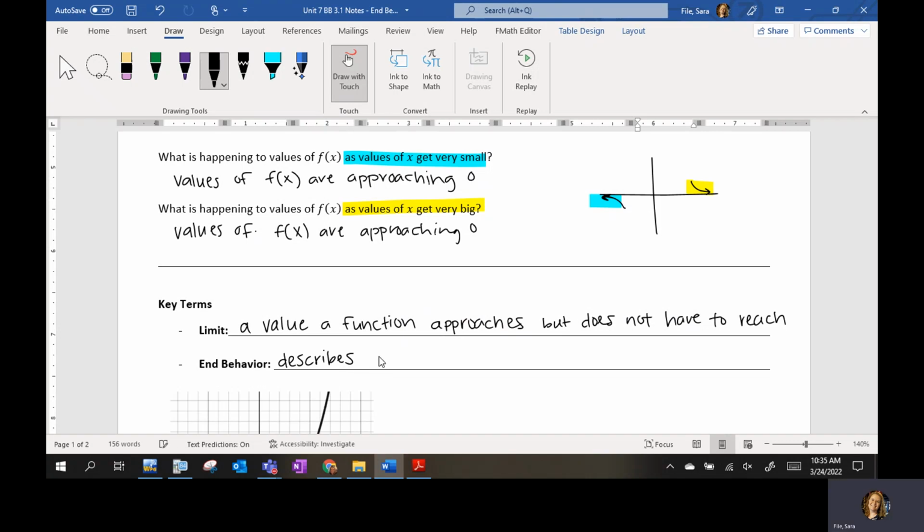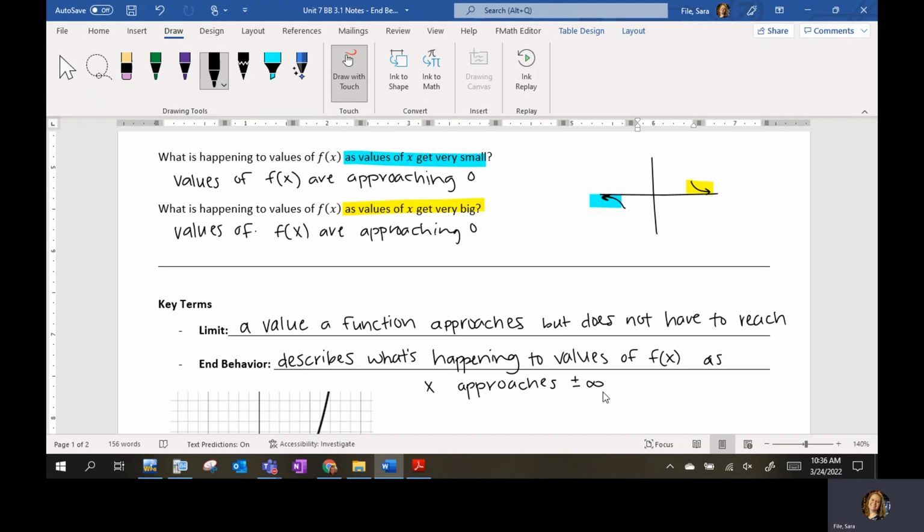So it describes what's happening to values of f of x, so the function, what's happening to f of x as x approaches positive or negative infinity. So that means as x gets really, really big or really, really small, right?